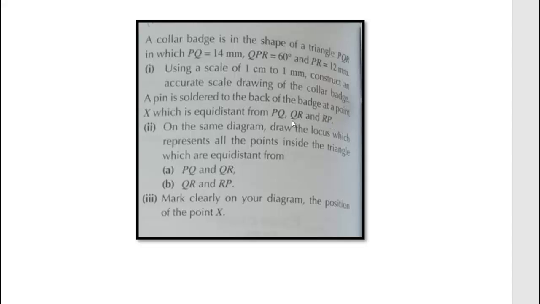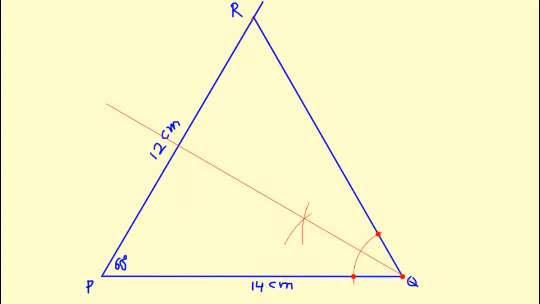Now see the next two lines, QR and PR. Here R is common between them. So they are two intersecting lines at point R. This is QR and this is PR.